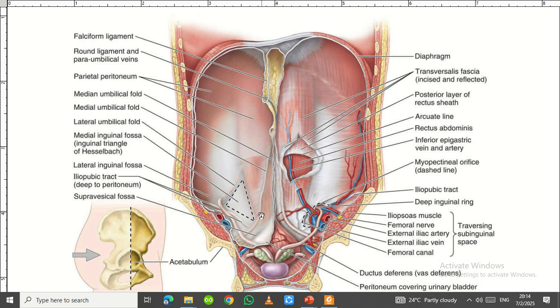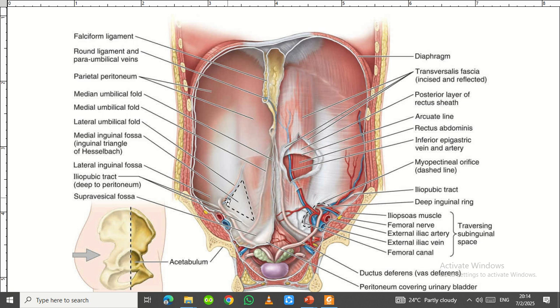Remember, this one is your medial umbilical fold of the umbilical arteries. The area that is lateral to this medial umbilical fold is your medial inguinal fossa, right? Your medial inguinal fossa.